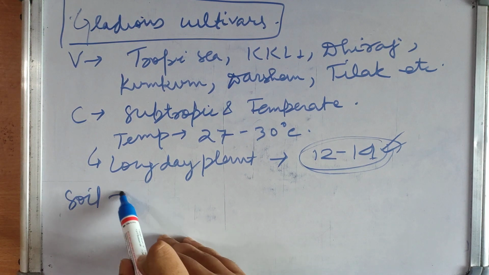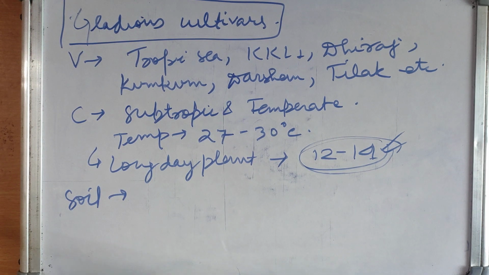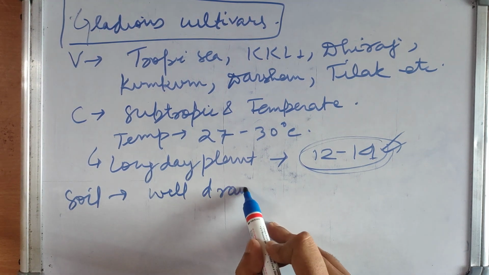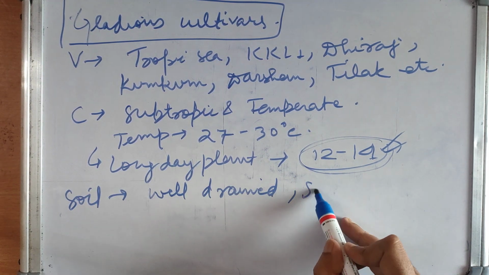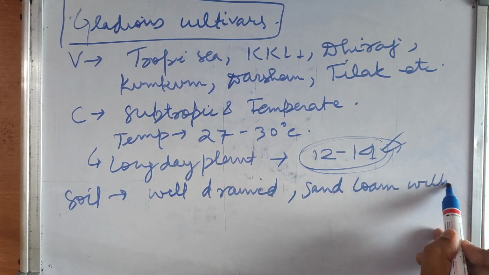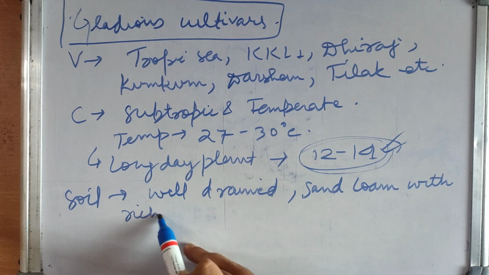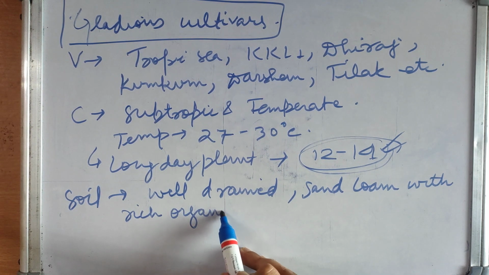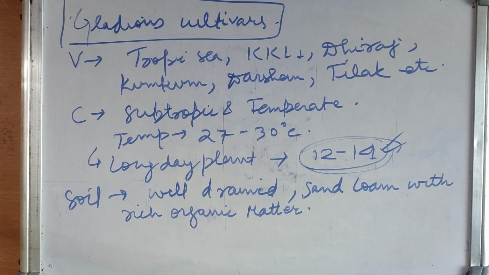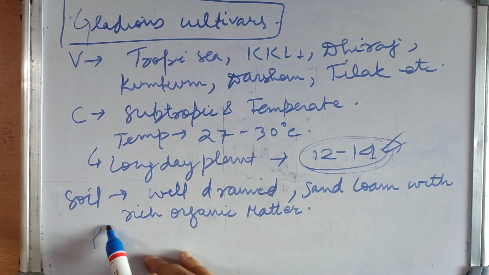Soil should be well drained, sandy loam with rich organic matter. pH should be around 6 to 7.